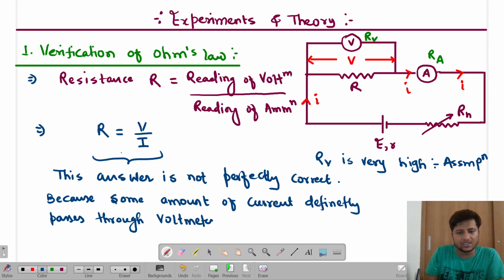Not that much, but still it is passing. So there is an error in this result. Are you able to get me or not? That there is definitely an error.